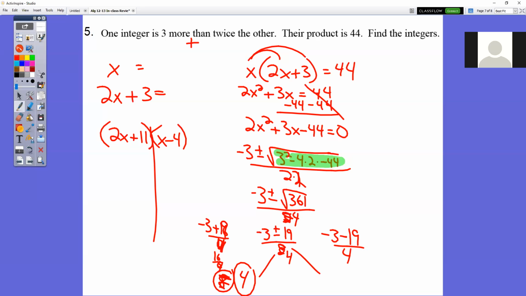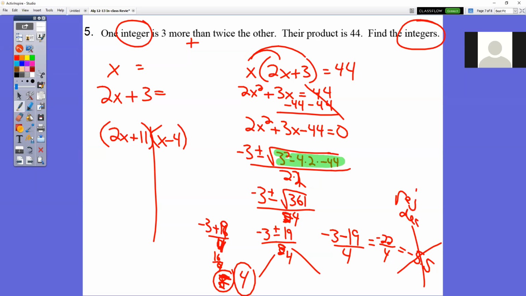Negative 3 minus 19 is negative 22 divided by 4. And that is negative 5.5. Now, what happens there is we have a decimal. Notice that our question is asking about integers. So we need to reject this one because it is a decimal, because we only want integers, not decimals.